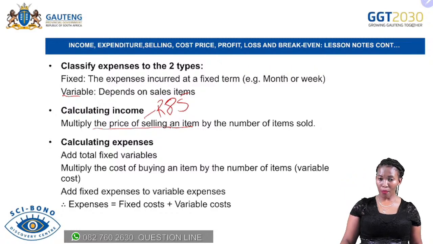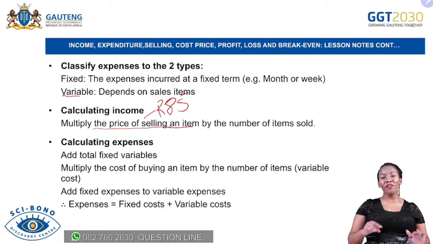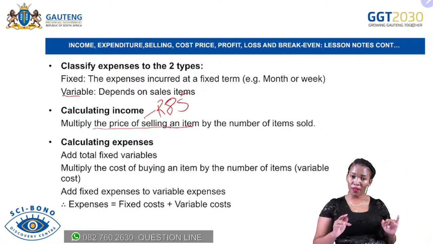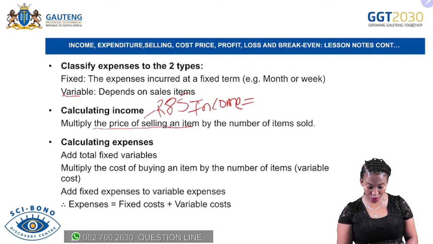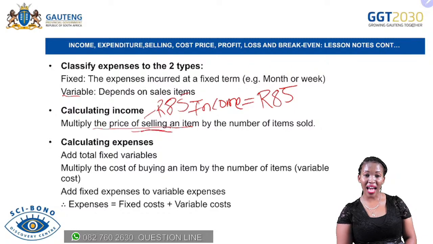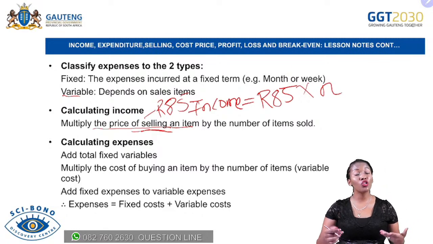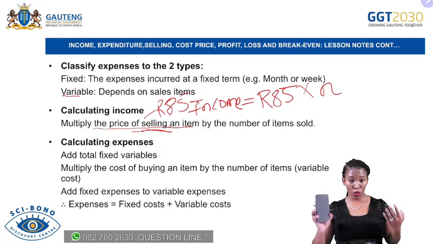So from this information, you can derive a very simple income formula. My income is equal to 85 rands, which is in this case my selling price, right? Multiplied by n. And what is n? N is the number of calculators that I would have sold.